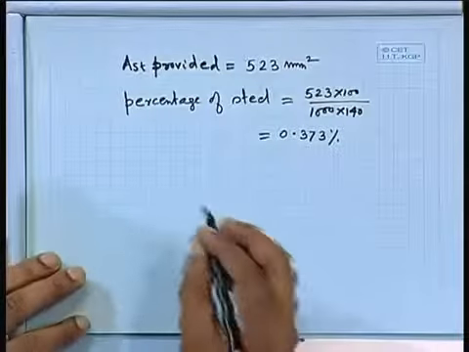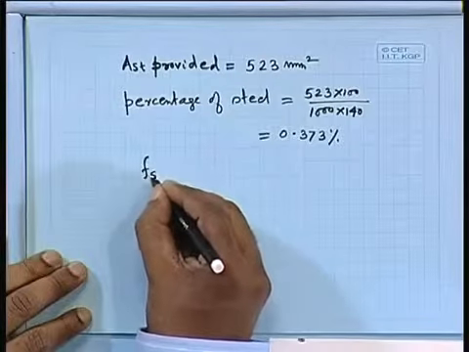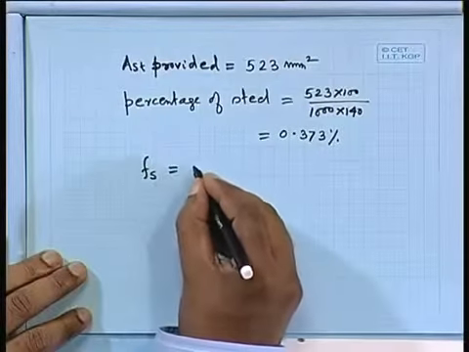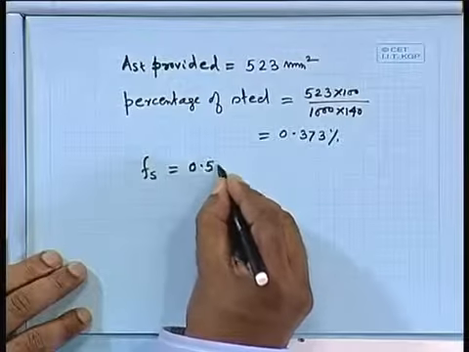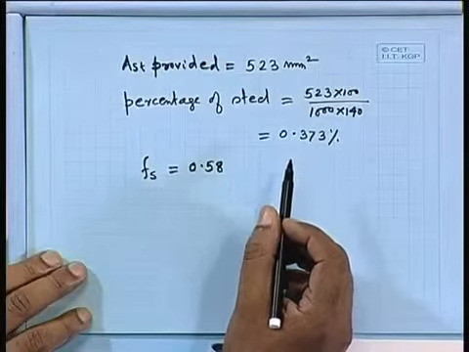There is one factor which is called Fs, because we would like to modify; we have assumed that L by D is 25. Now, we would like to check whether that is sufficient or not, because we have to control the deflection also.